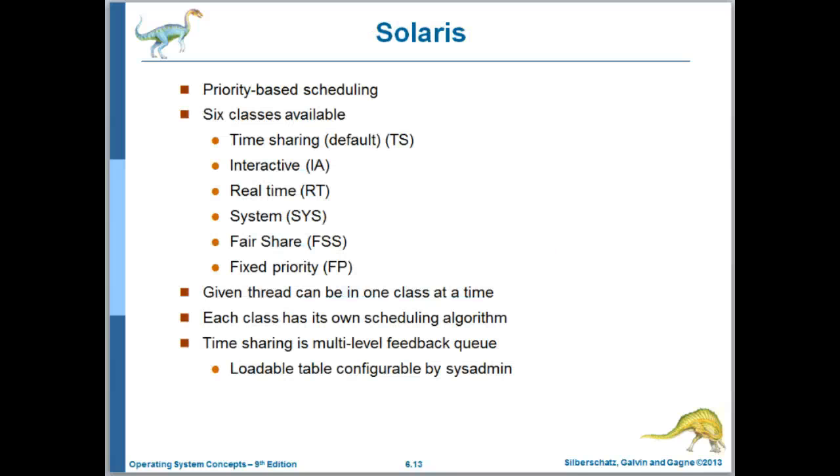So here's Solaris, priority-based, with 6 scheduling classes available. It would make sense that a given thread can only be in one class. Each class can have its own scheduling algorithm. The default time-sharing scheduling class is a multi-level feedback queue.